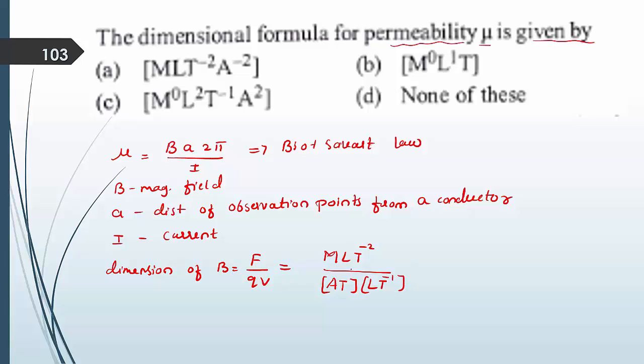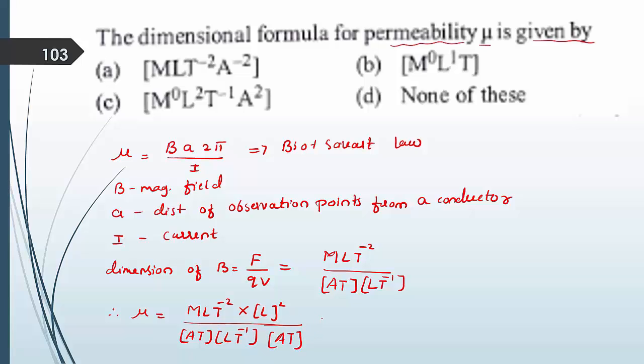So this is the dimension of B. Now we can substitute in mu. Mu equal to B means what here? M L T raised to minus 2 divided by A T into L T raised to minus 1, B value into area, that is L square. Divided by I means current. In place of current we can write A into T.